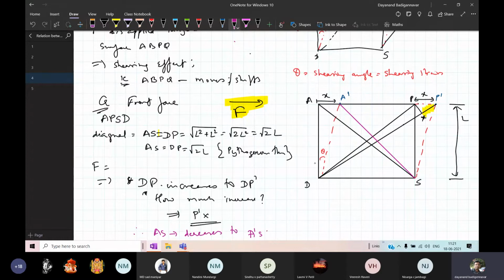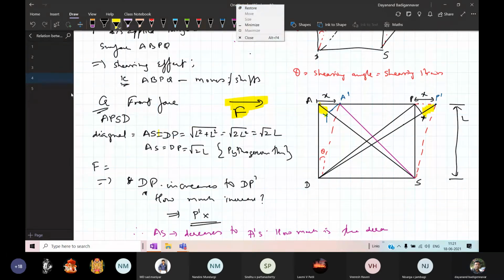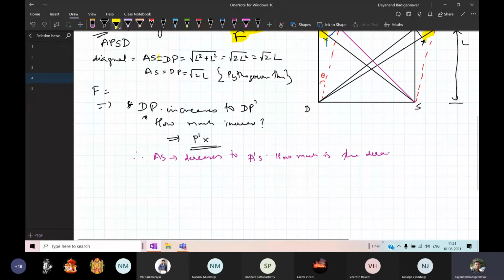How much is the decrease is the question. You draw a perpendicular from this. So this becomes AY. So AY is the decrease in the diagonal. So this much is the diagonal which has been decreased. Therefore the decrease in the diagonal.